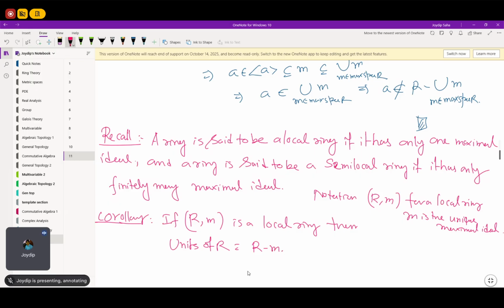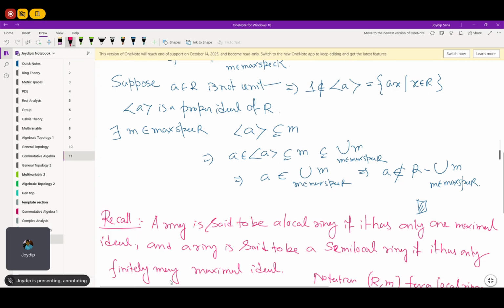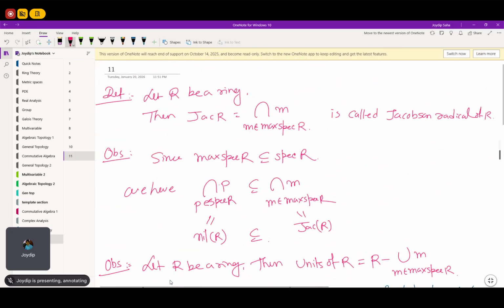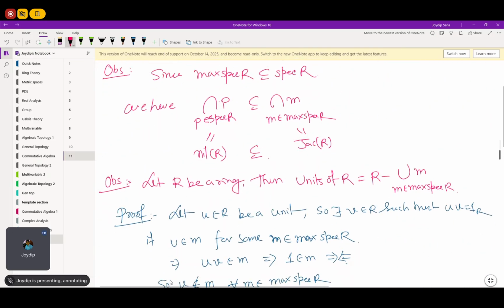Now, the question is, what is an example of a local ring? Can you construct a local ring? Please give me an example of a local ring which has only one maximal ideal. A trivial example is a field, but I am not interested in any field. Any question?